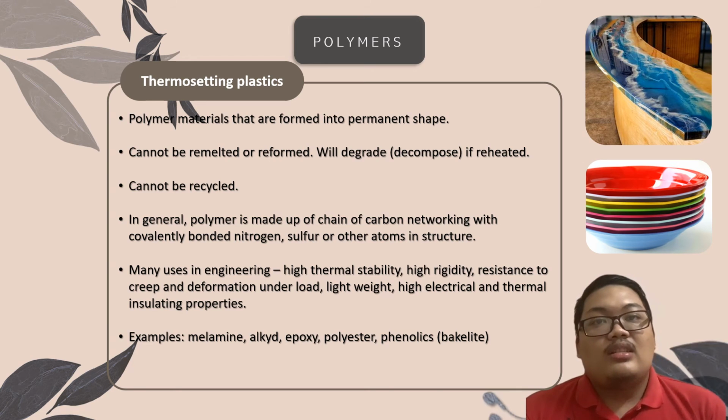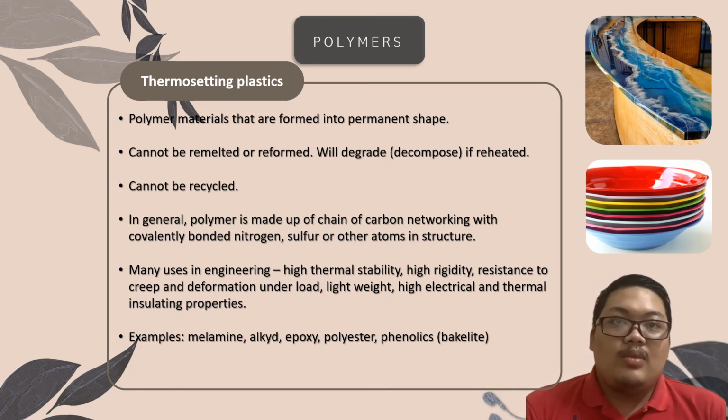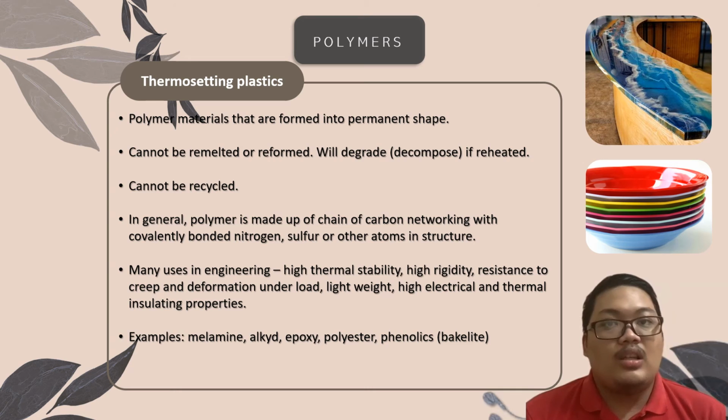This polymer is usually made of a carbon network with covalent bonds to nitrogen, sulfur, and other atoms in the structure. The reason why we use thermosetting is it has high thermal stability, high rigidity, resistance to creep and deformation under load, and is also lightweight with high electrical and thermal insulation.